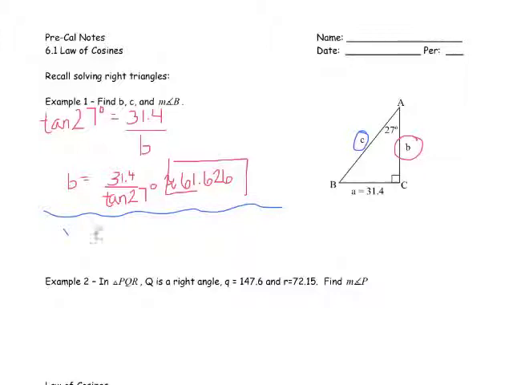That's sine of our angle equals opposite over hypotenuse. So switch them again. And we get approximately 69.164.